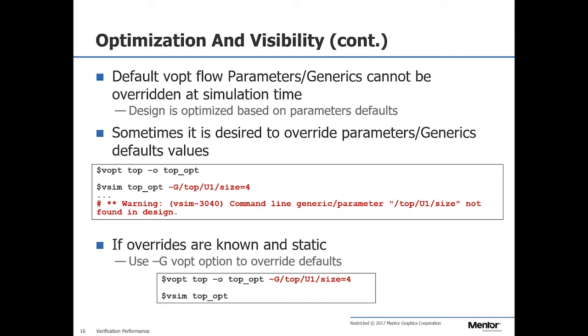But if you've got a parameter and you want to test it from 1 to 1024, you probably don't want to do it this way. You probably want to instead up here say keep that generic floating. So there's an option that says float generic, and then you can do it at the simulation time.